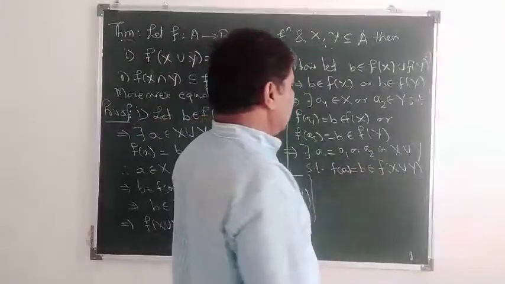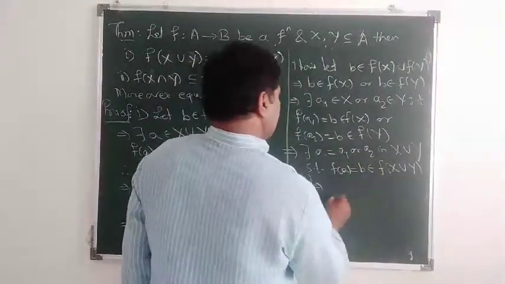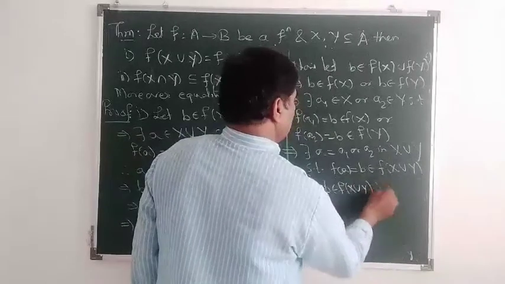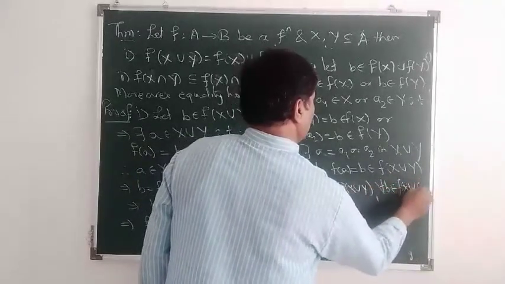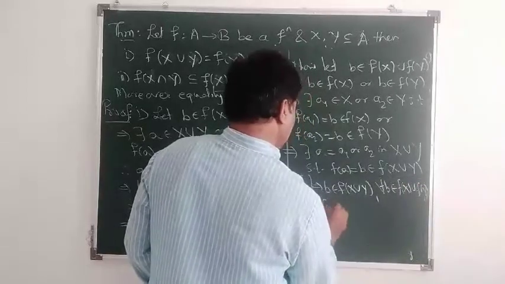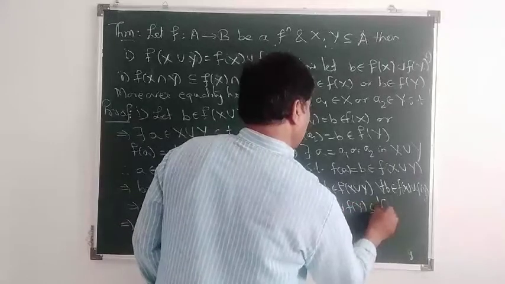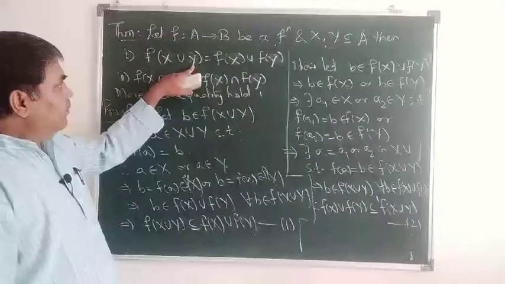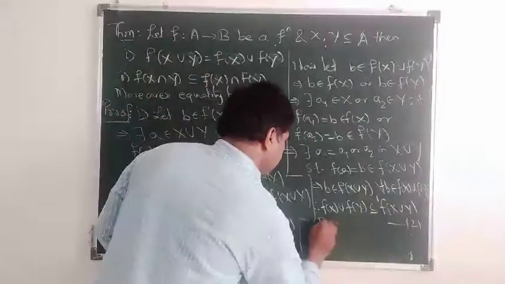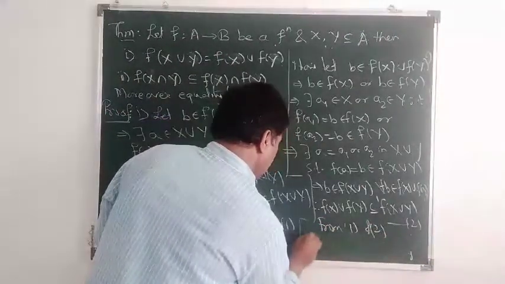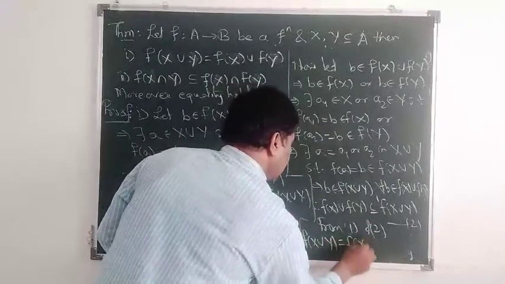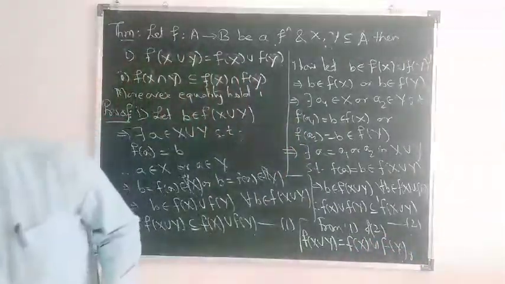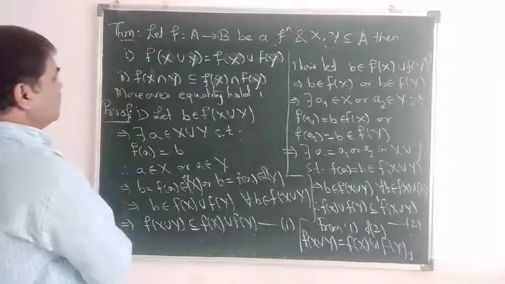F of A equal to B lies in F of X union Y. This implies B belongs to F of X union Y for every B belonging to F of X union F of Y. Therefore, F of X union F of Y is a subset of F of X union Y. From 1 and 2, F of X union Y is equal to F of X union F of Y. Now we'll prove the second part on the same line.